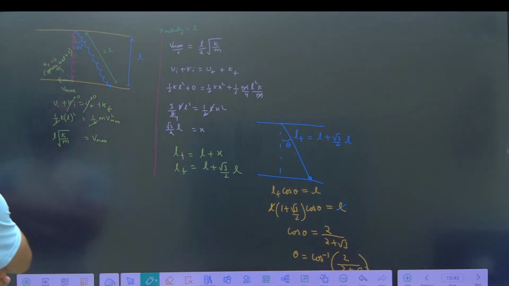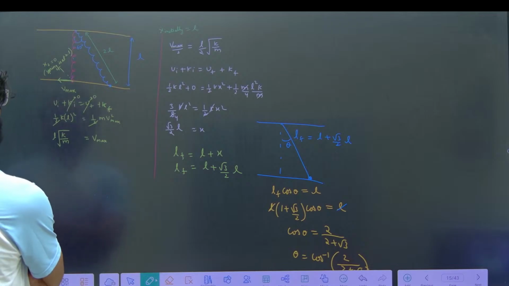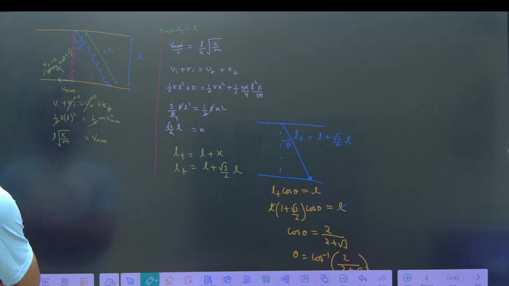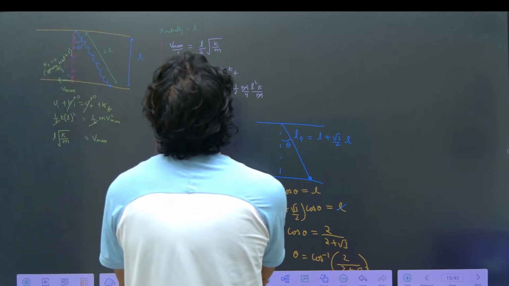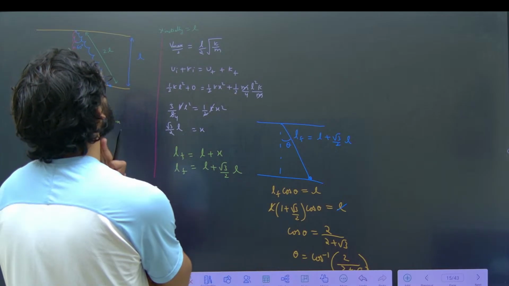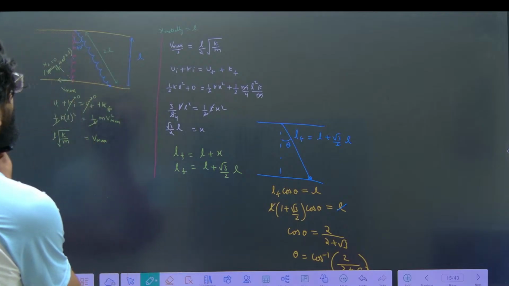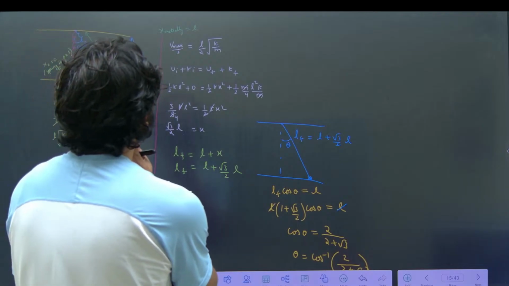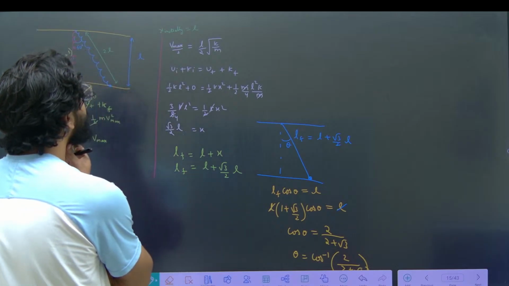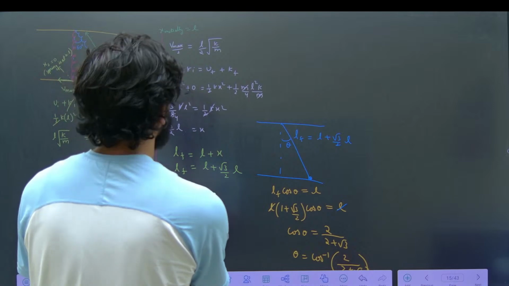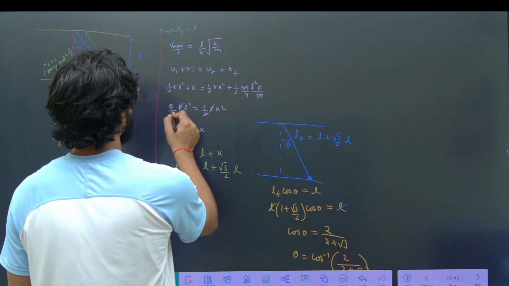This is perfect. Half k L square equals half this thing. Now V is V max by 2. So this is the thing, correct? Half kx square plus half. Let's solve it from here.